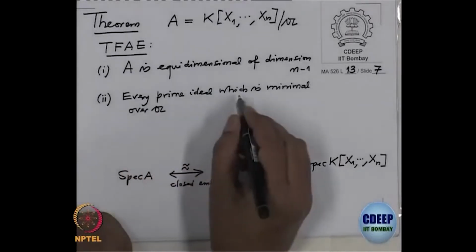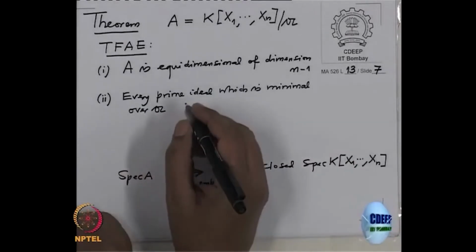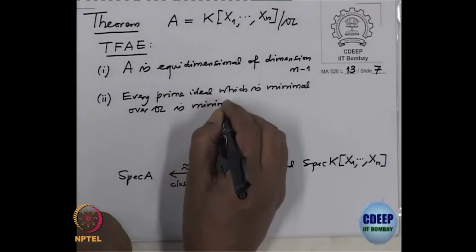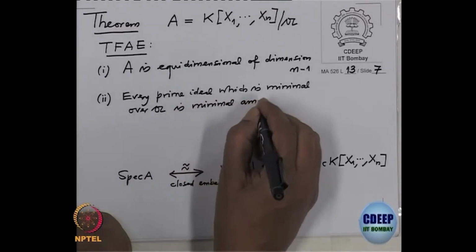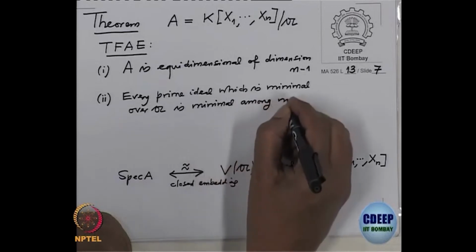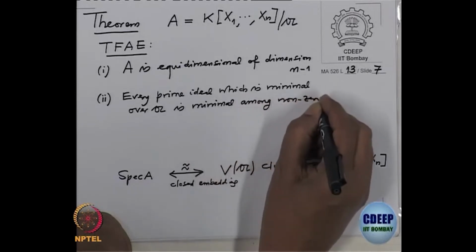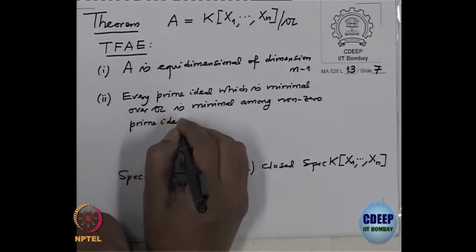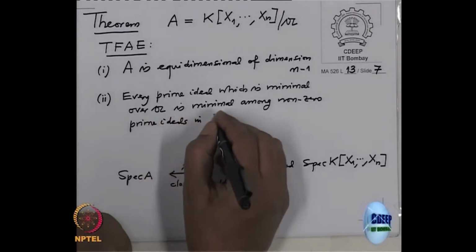So, every prime ideal which is minimal over A is minimal among non-zero prime ideals in K[x1, ..., xn].